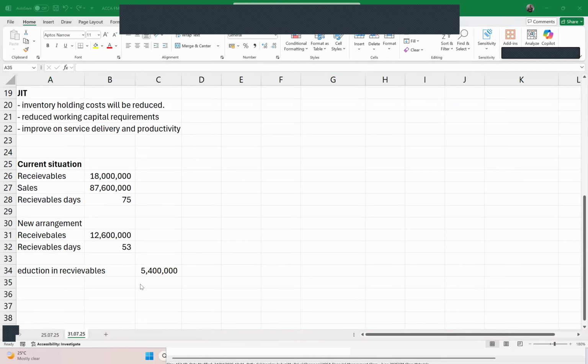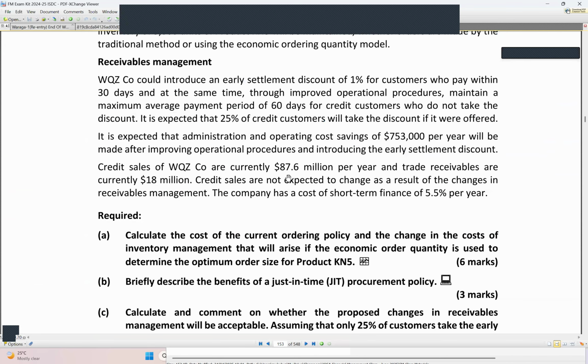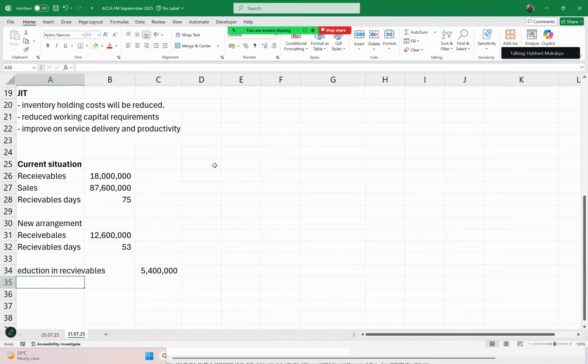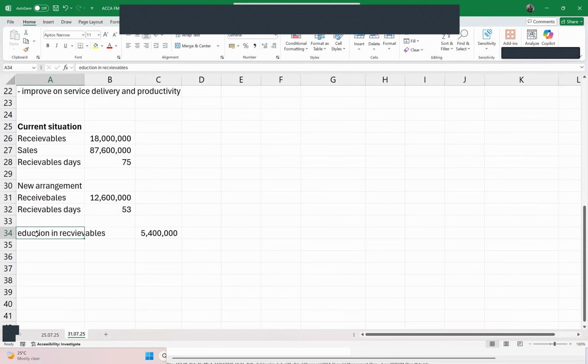However, for us getting this benefit, we are going to give away a discount. So we are going to have to lose some money. But when we reduce receivables, what really reduces is actually we have what we call interest savings on receivables.